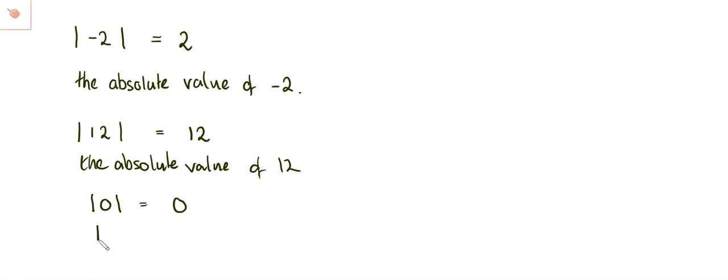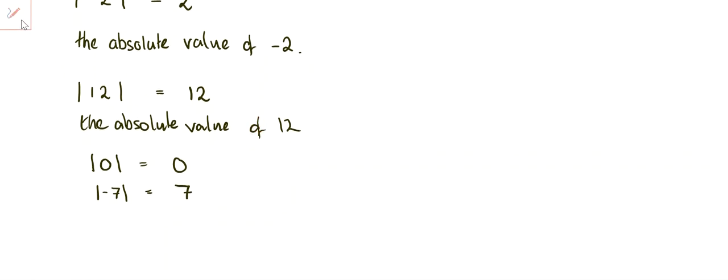Let's do a couple more. The absolute value of -7 is 7. Isn't 7 on its own the same as positive 7? So the absolute value of 7 is 7.